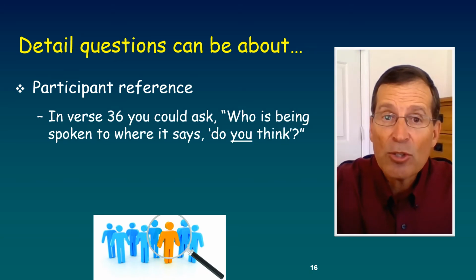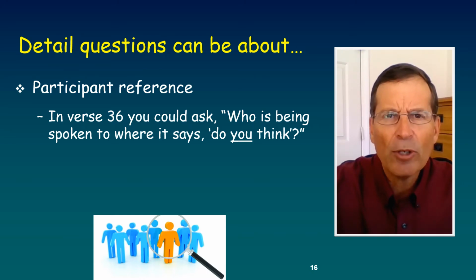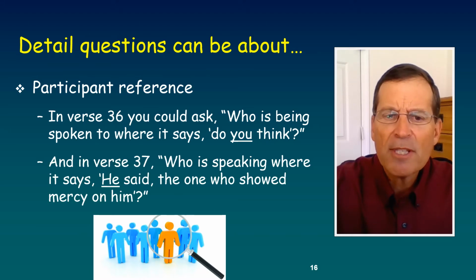In verse 36, you could ask, who is being spoken to where it says, "Who do you think?" Who is that you referring to? And in verse 37, who is speaking where it says, "He said, the one who showed mercy on him"?